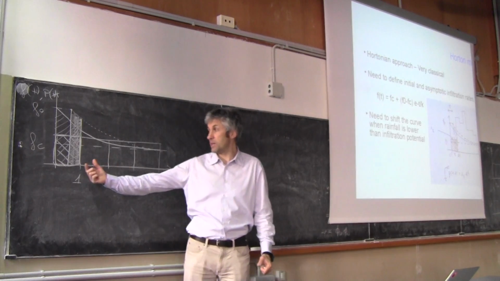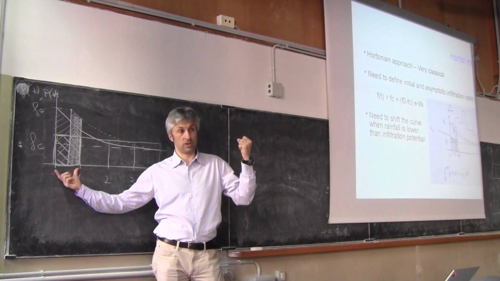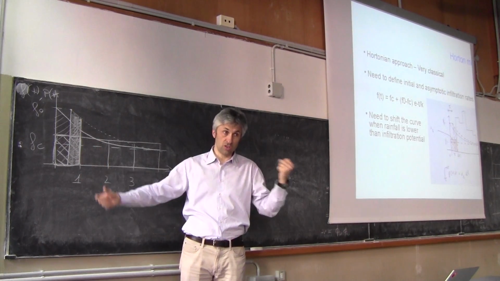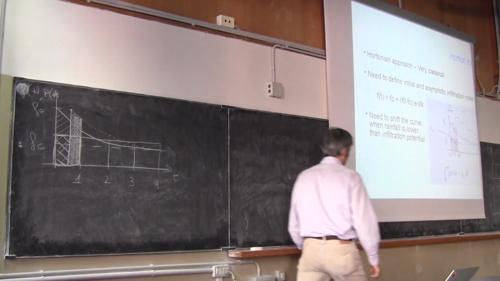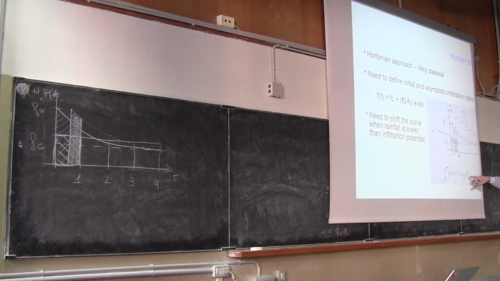And the concept is to make, at the end of the first hour, a balance between actual infiltration and infiltration that will be given by the shifted infiltration curve. And this is what you see here. You see I1, which is a different symbol for precipitation in the first hour, times the time step, should be equal to the integral of the new infiltration curve between a new time origin, tau, and the end of the first time step.